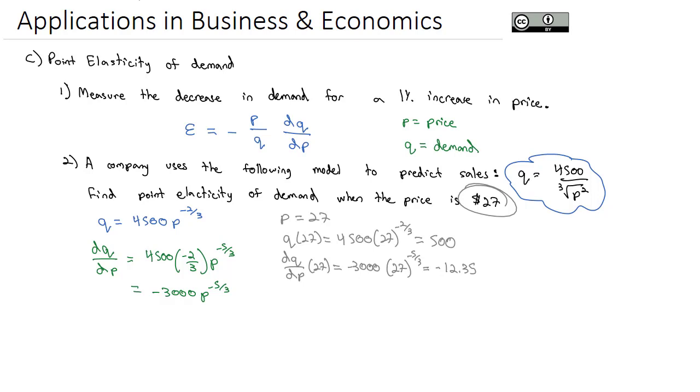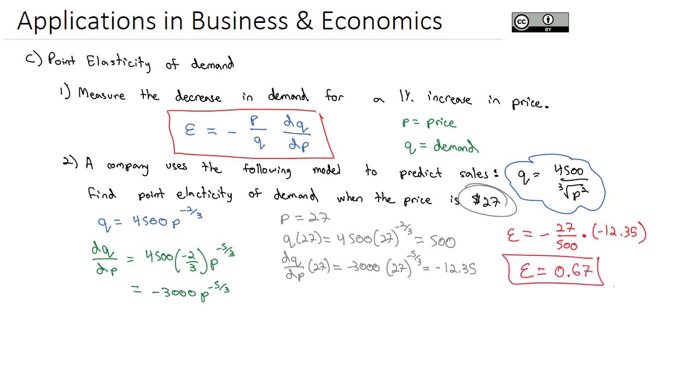We now have all the pieces we need to calculate the elasticity of demand. The elasticity of demand is the negative price, which is 27, divided by the demand, which we found out was 500, times the derivative, which was negative 12.35. So if we plug that into our calculator, the elasticity of demand is 0.67.